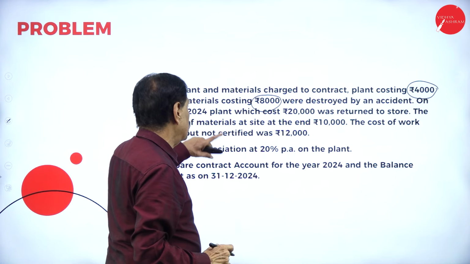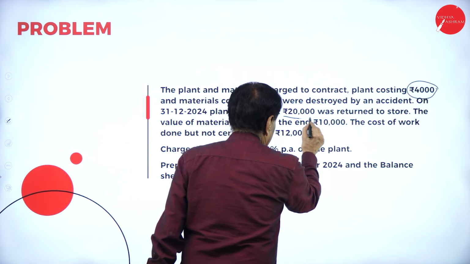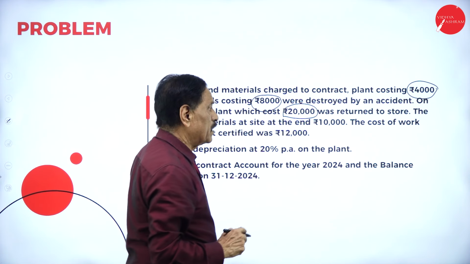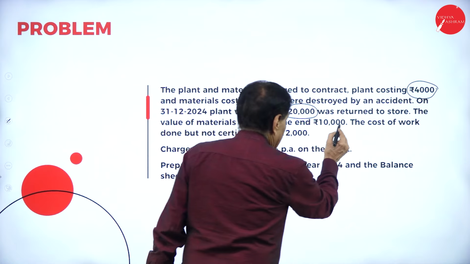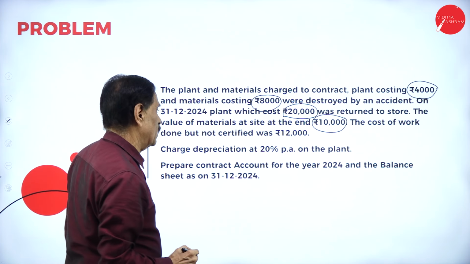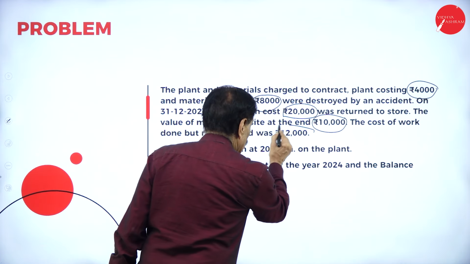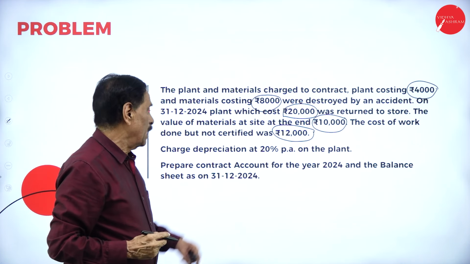On 31st December 2024, plant which cost 20,000 was returned to the store. The value of material at site is 10,000. The cost of work done but not certified was 12,000. Charge depreciation at 10% per annum on the plant.